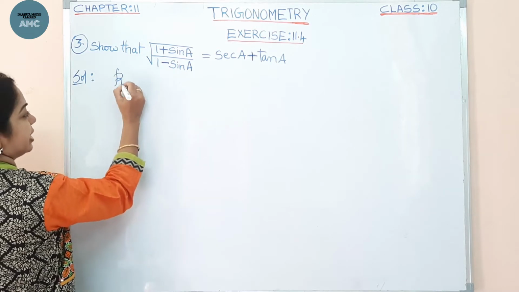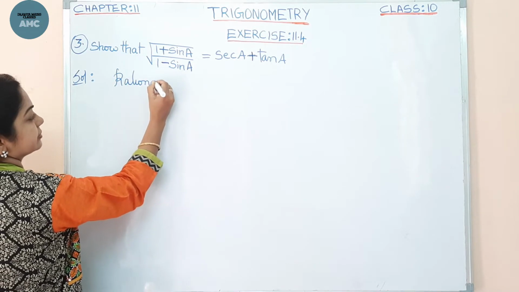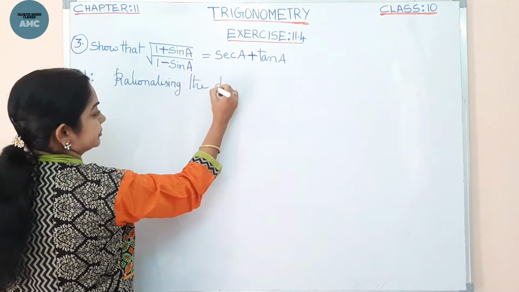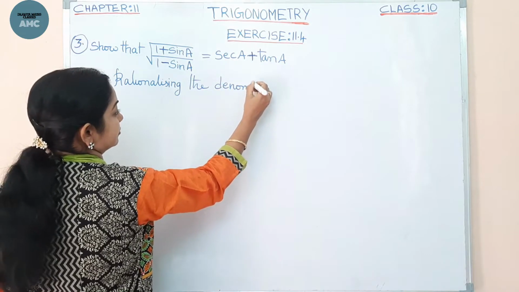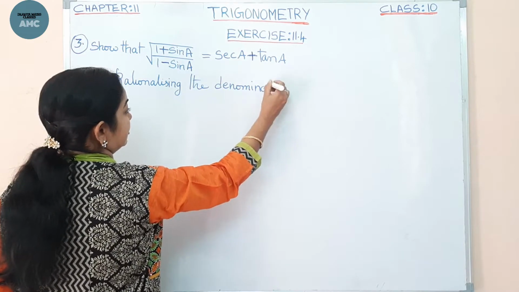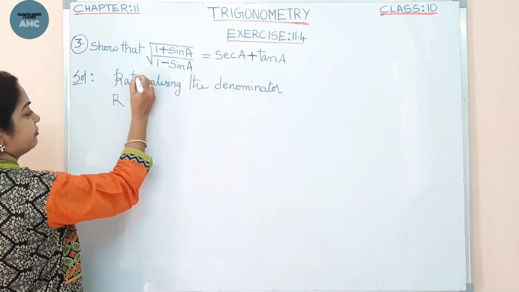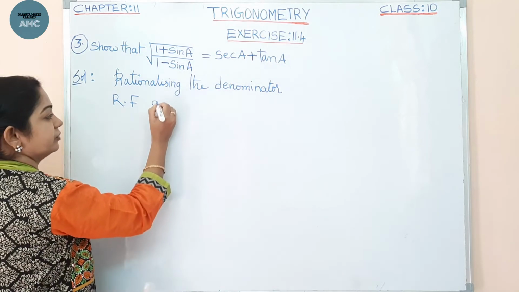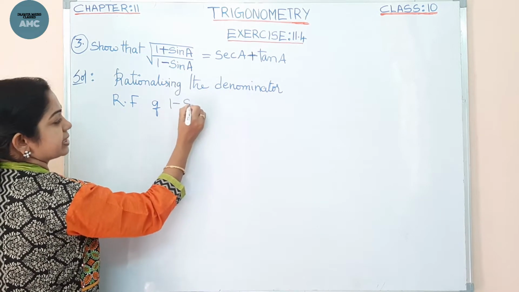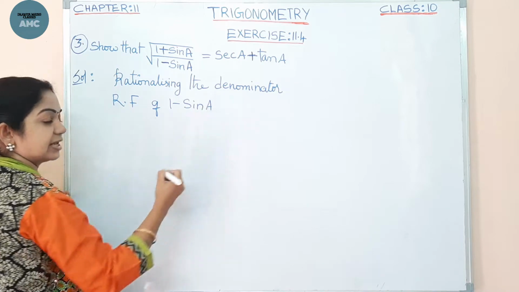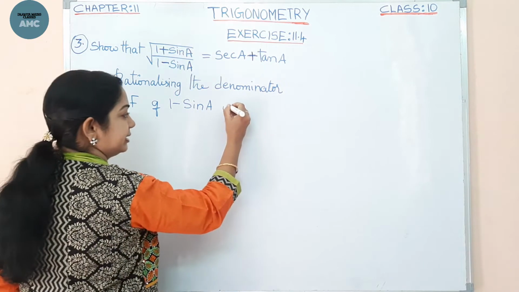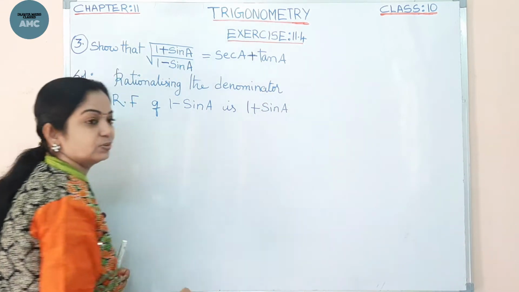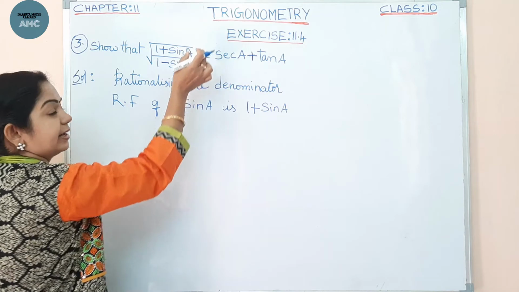Now, let us write that, rationalizing the denominator. Now, RF means rationalizing factor. The denominator is 1 minus sin A. The rationalizing factor of 1 minus sin A is 1 plus sin A. So, with the rationalizing factor, I will multiply and divide, right?